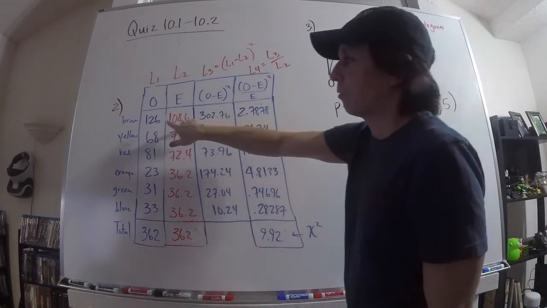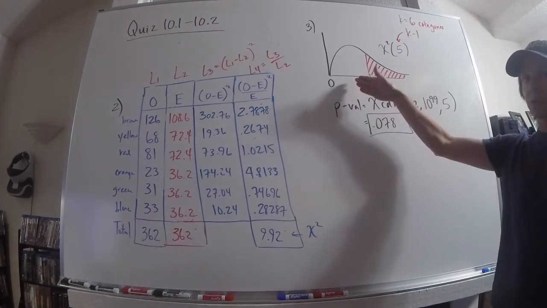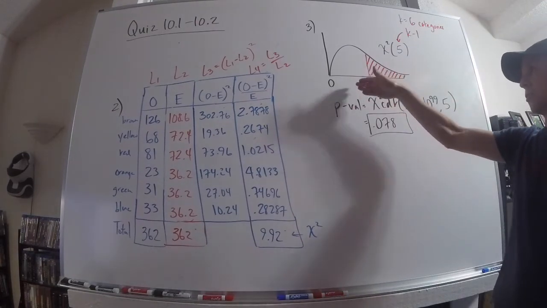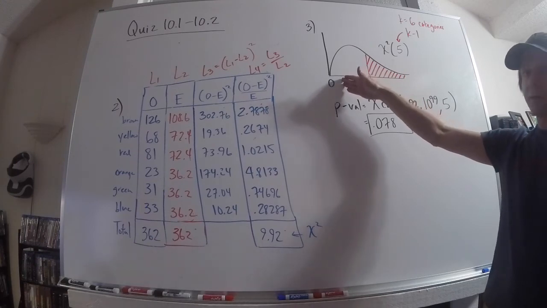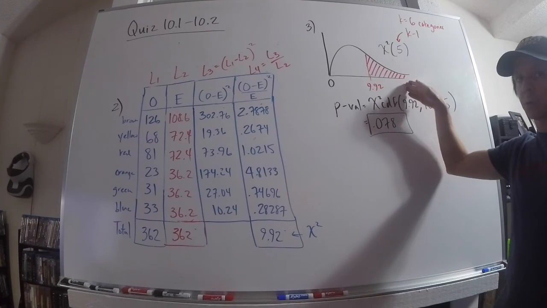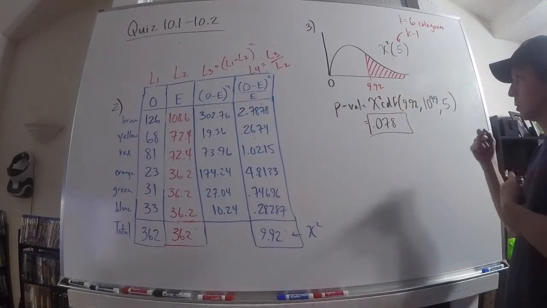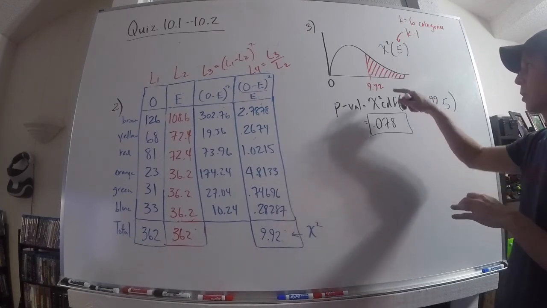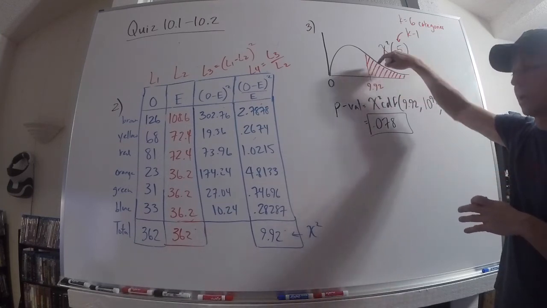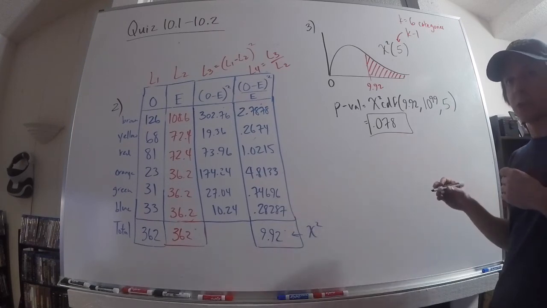And if they're way far out of whack, you get something way here on the right. So this chi-squared test statistic is a measure of how far out of whack things are. Is this way out of whack? You can't look at the number and tell. You can look at the p-value and tell. 7.8% chance that this occurred by random chance.